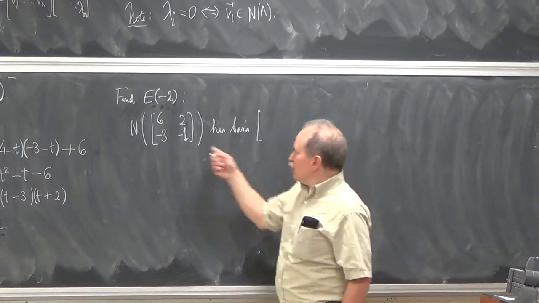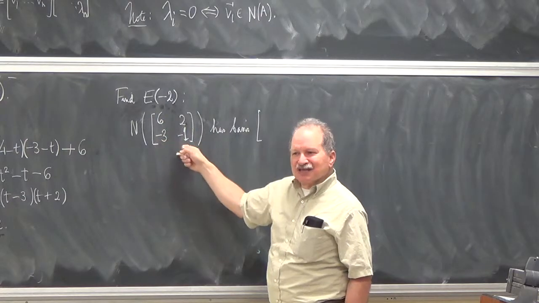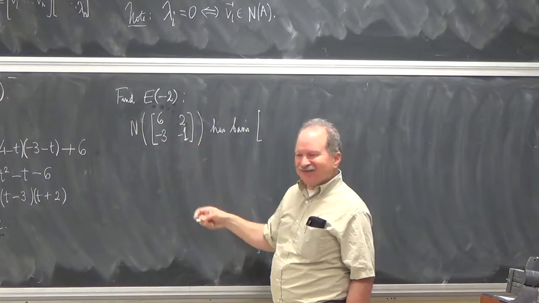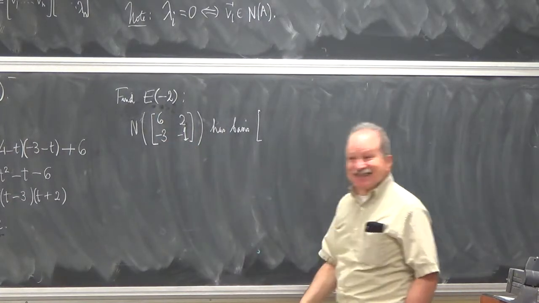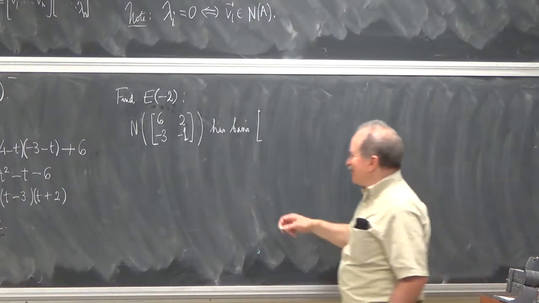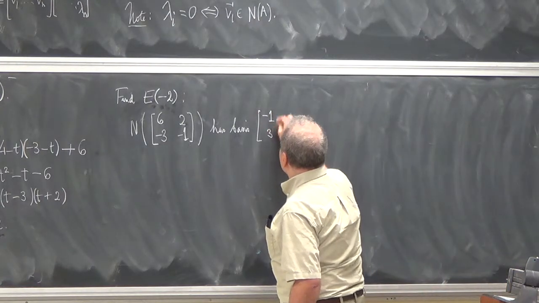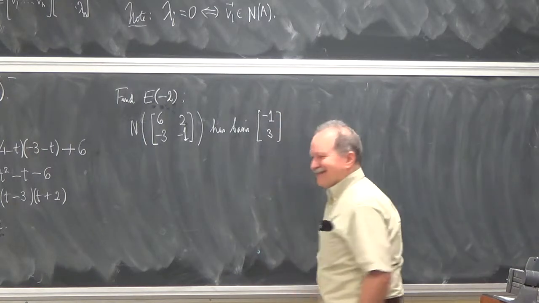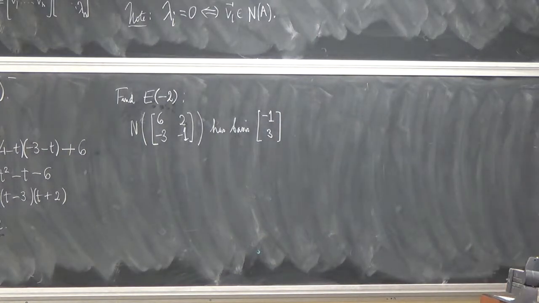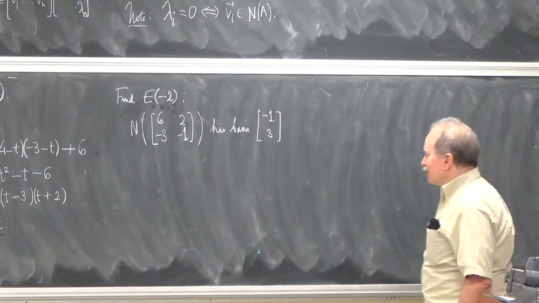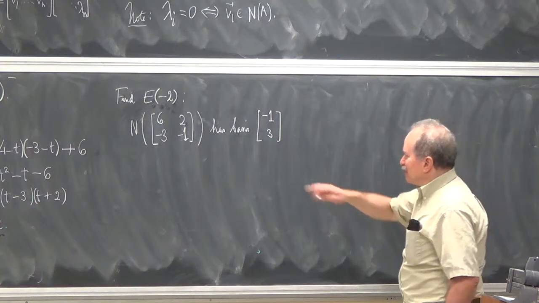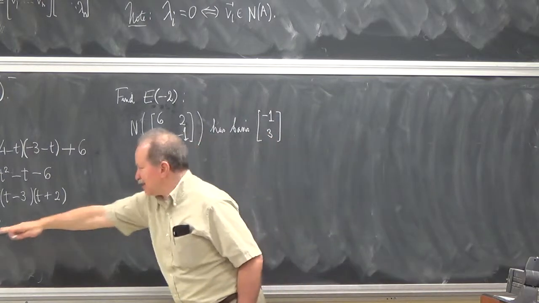You want a vector whose dot product with the rows is 0. -1, 3 is my guess. -1, 2. So you're still pulling in the complex numbers? Hang on for the complex numbers. You've got real eigenvalues here.